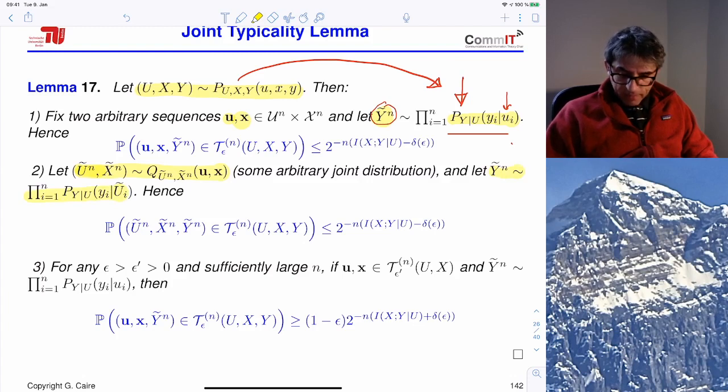And the probability that the random u tilde, x tilde, and y tilde are jointly typical with respect to the typical set induced by P_{UXY} is again upper bounded by the same exponential as before.